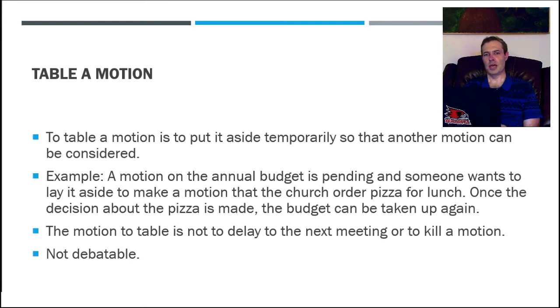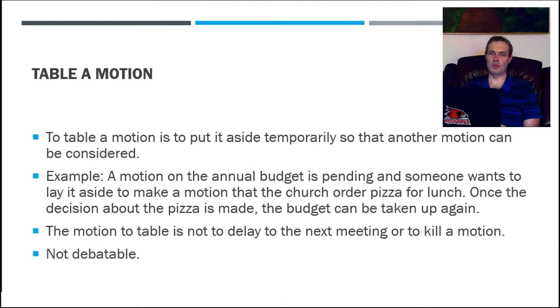A motion to table actually just requires a majority, which would be a bad idea for just the majority to be able to decide whether we vote on a motion or not. And so it's not good to use a motion to table as the way to dispose of a motion, especially in cases where that motion requires more than that.